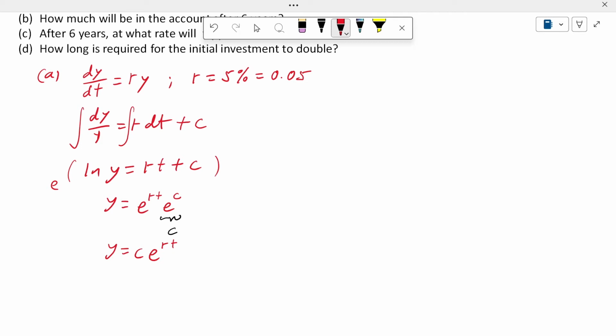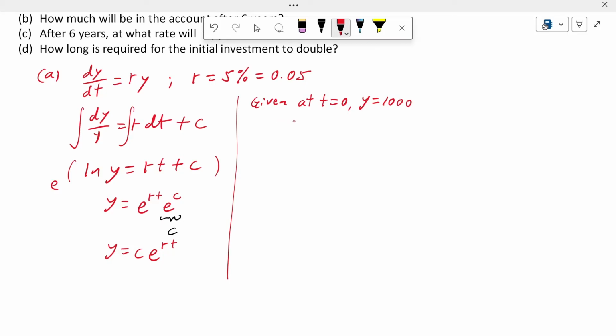In that case, we're going to use the initial value problem. At the initial time t equal to 0, we have the savings account value, which is our invested value, 1,000.